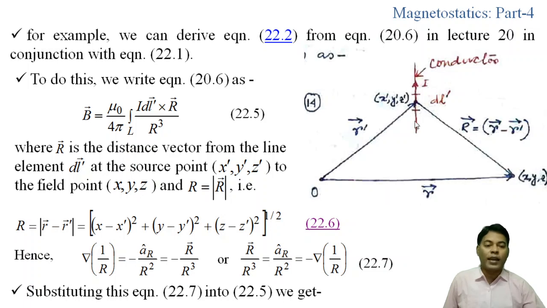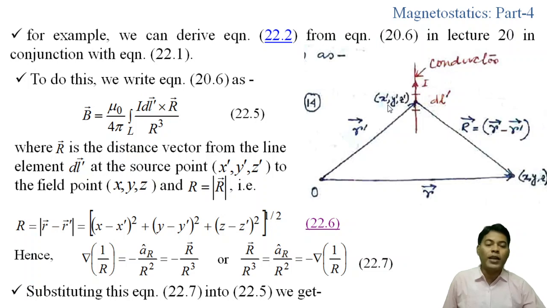Here you can see that the red line represents a current carrying conductor through which the current I is flowing. In this conductor, a very small length dl prime has been taken. Why is it dl prime?